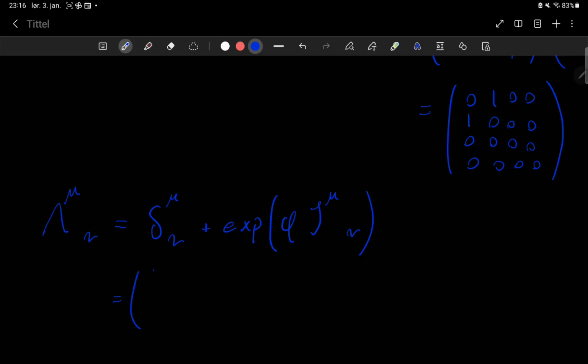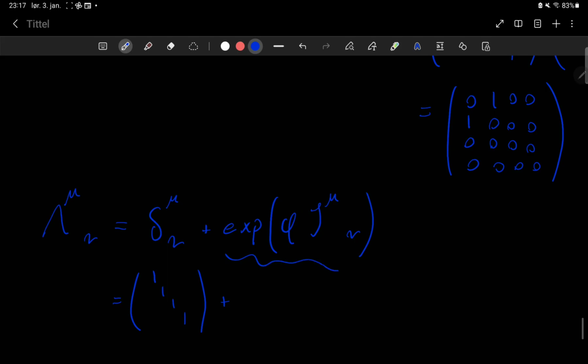So this will be matrix form identity plus... oh, even this I don't like, because this is implying another identity.